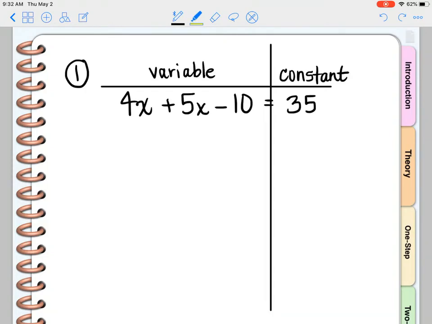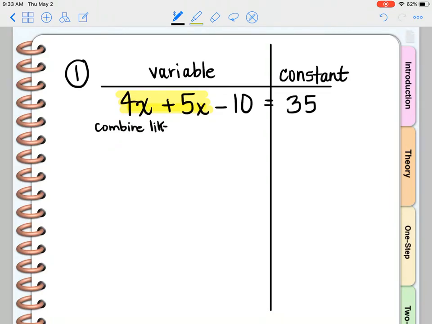So let me go ahead and call it variable. And here's the difference. This is the first time we have seen a problem where you have two letters. It's the same letter, and that's important. It has to be the same letter. But we have two of them. So before we can go any further, we have to combine like terms.